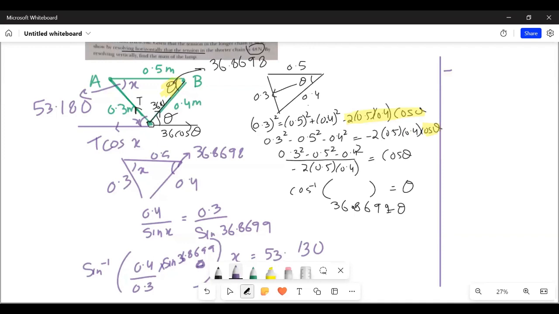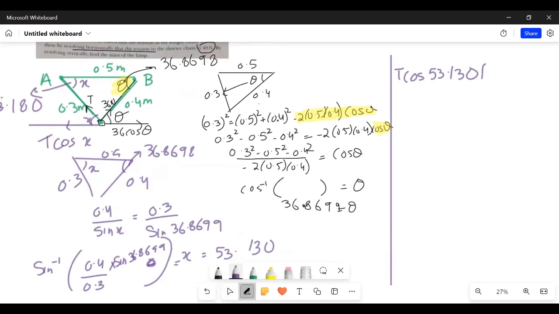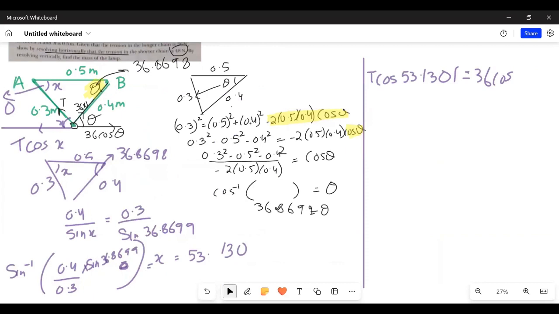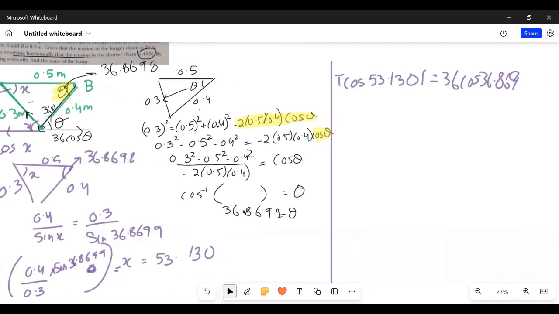So T cos, what angle did we just get? 53.130 and use one more decimal place, 1 equals 36 cos 36.8698. Now make T the subject and tell me if we get 48 newtons.